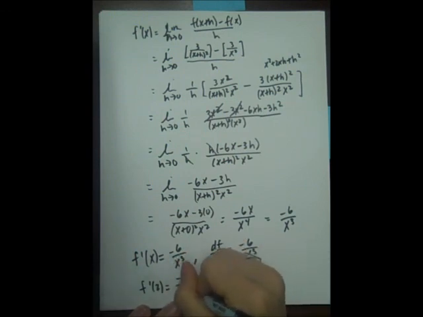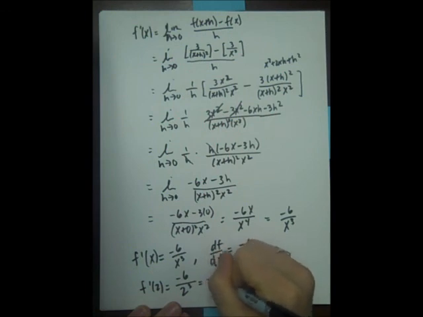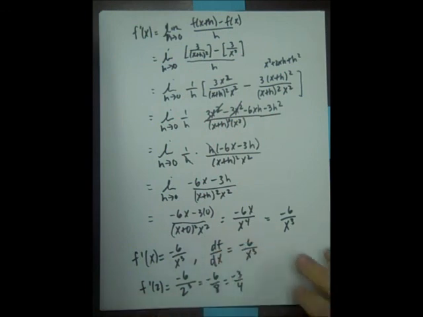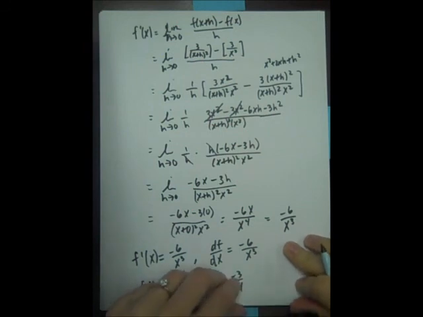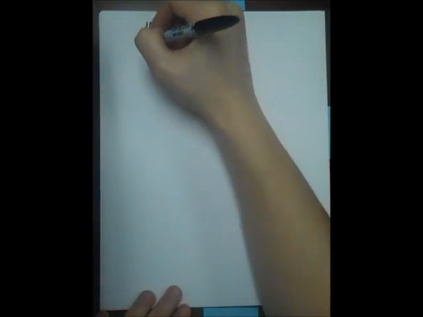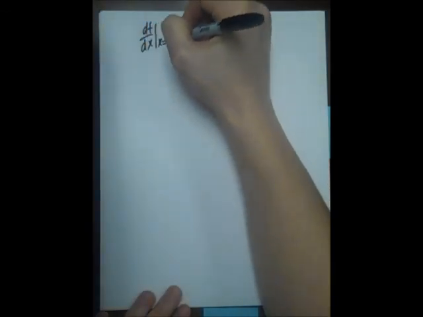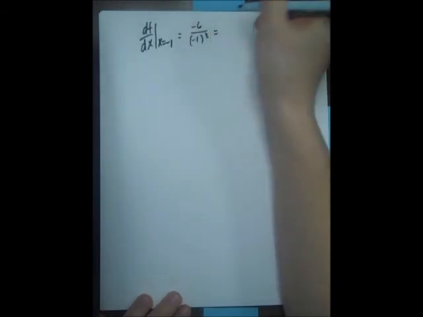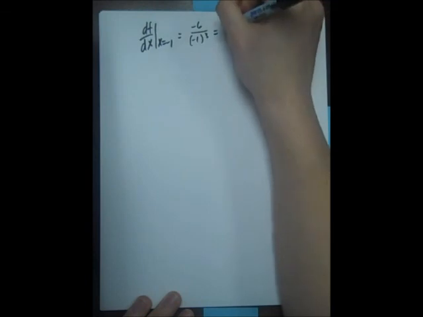So negative 6 over 2 cubed, negative 6 over 8, which is negative 3/4. I also wanted to figure out df/dx where x is equal to negative 1. I'm just going to plug that in. So negative 6 over negative 1 cubed. Well, this is negative 6 over negative 1, so just positive 6.